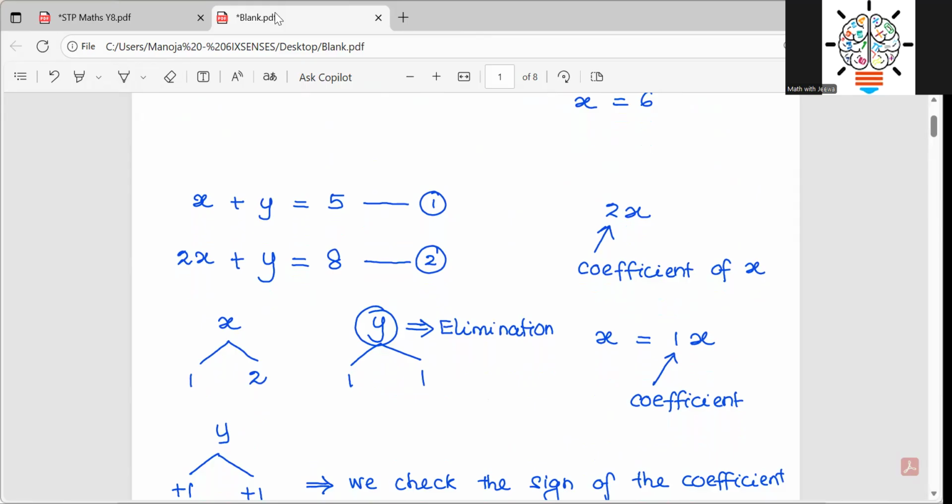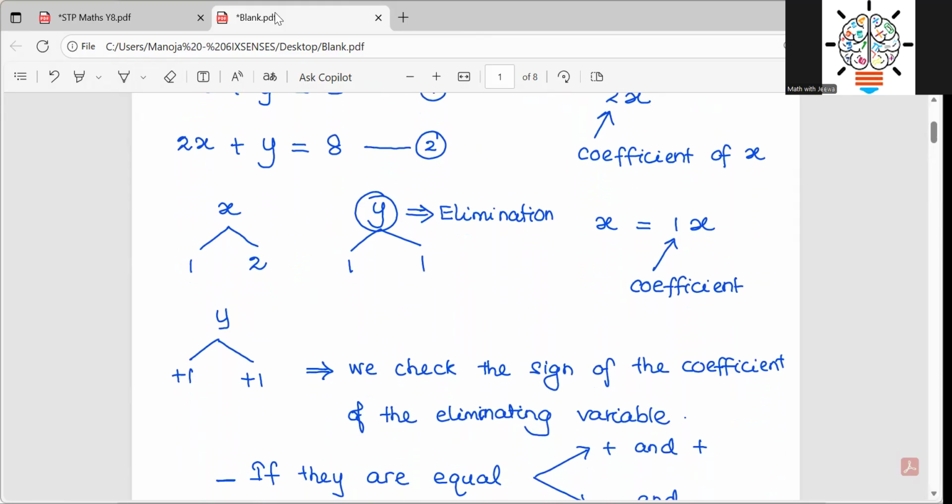First, you want to understand what simultaneous equations are. Here we have two variables and two equations. First, we number them. Then we write down the coefficient of each variable. X 1 and 2, y 1 and 1.